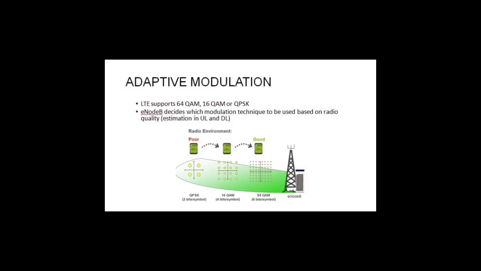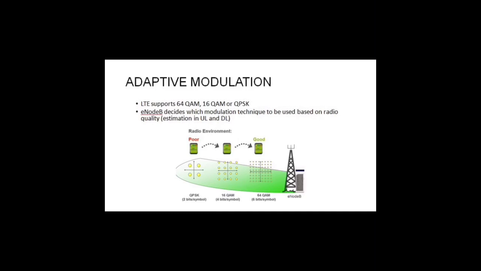LTE supports adaptive modulation, so the eNodeB can select QPSK, 16 QAM or 64 QAM. The eNodeB will select the appropriate modulation depending on the radio environment. So based on estimation of the quality in uplink and downlink, the eNodeB will select either QPSK or 16 QAM or 64 QAM.